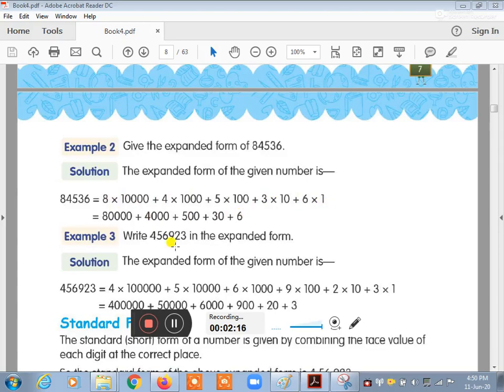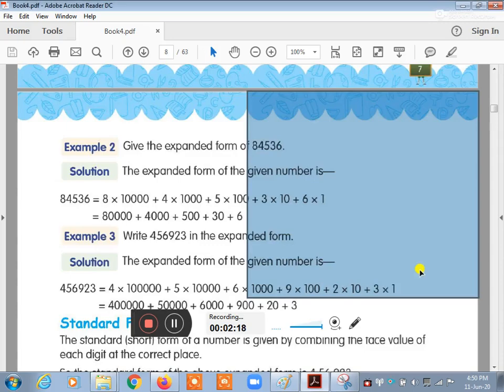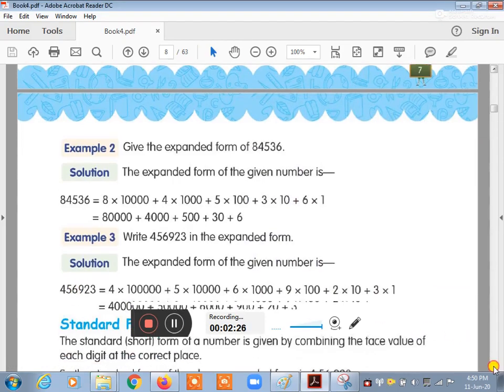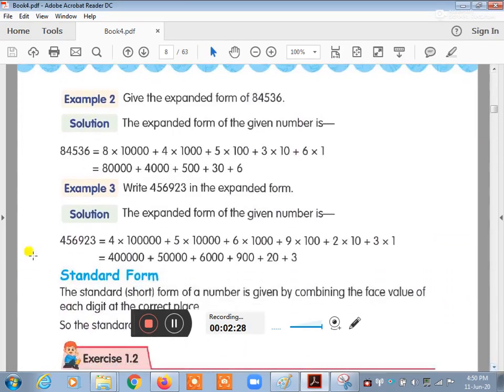So here one more example is there. 4,56,923. Here, if you didn't understand, you have to put the place values: ones, tens, hundred, thousand, 10,000, lakh.